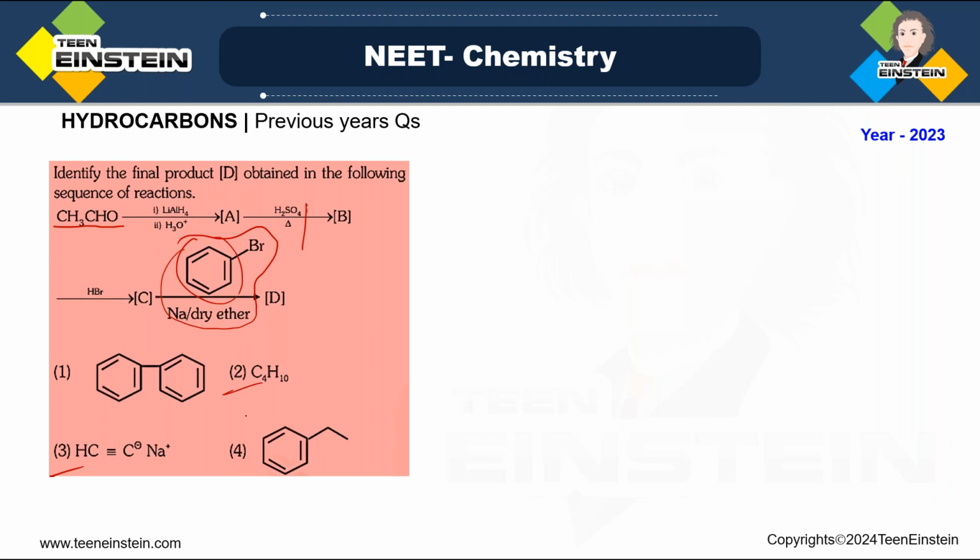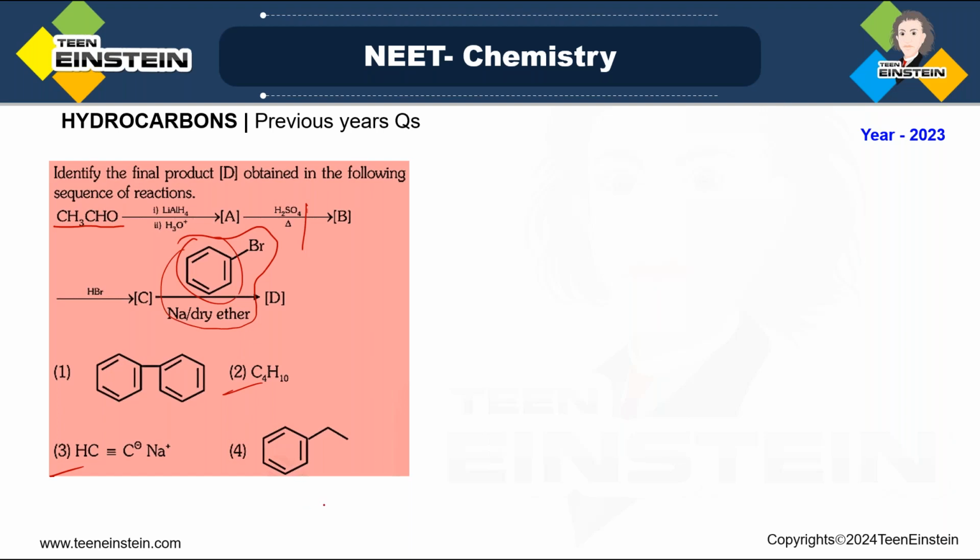Now if it is 1 and 4, in 1 there are 2 benzene rings, but in 4 there is 1 benzene ring. So the probability is that 4 will be the correct answer. I'm not saying that it is the right way to solve the question, but if you are in a hurry and you apply this type of logic, then also you can choose the correct option. But here we will see the details.